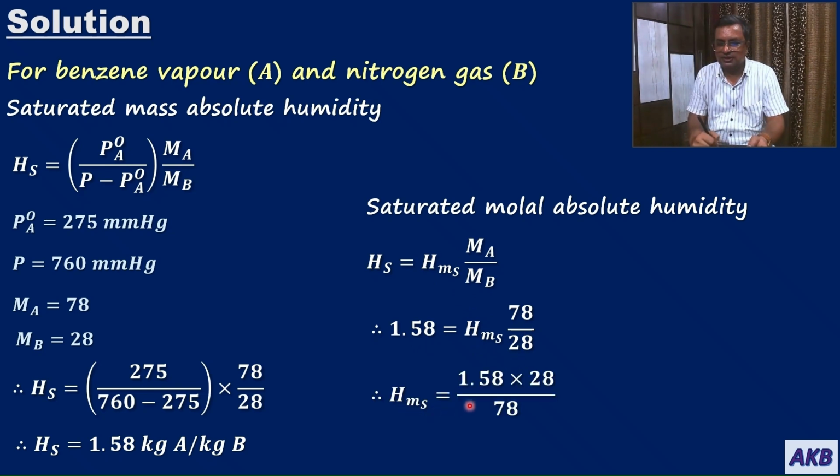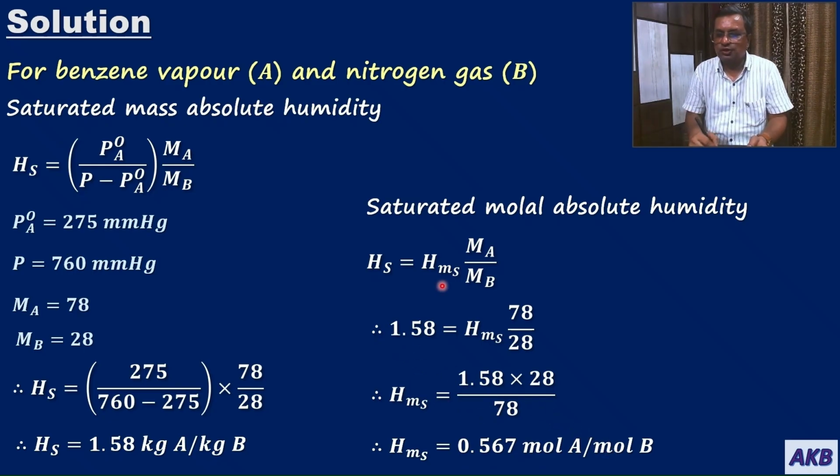That is Hms is equal to 1.58 into 28 divided by 78. So that gives us Hms as 0.567 moles of A per mole of B. So in this way we get saturated molal absolute humidity for the case when gas B is nitrogen gas.